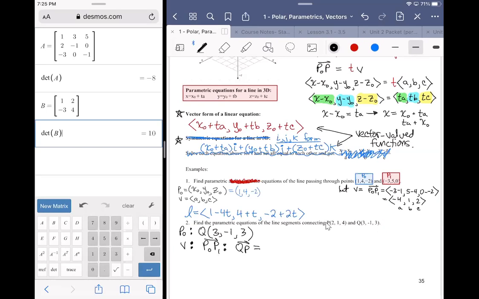Like I said, I want to show you that it's going to work both ways. All right, so Q to P is the displacement 2 minus 3 -1. 1 minus -1 is 2. 4 minus 3 is 1. All right, and so these will be my A, B, and C values.